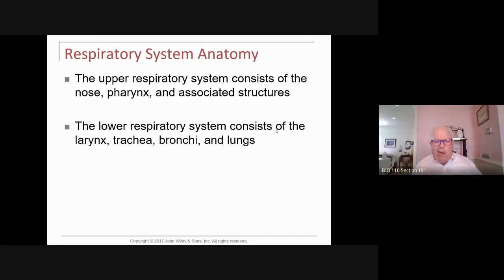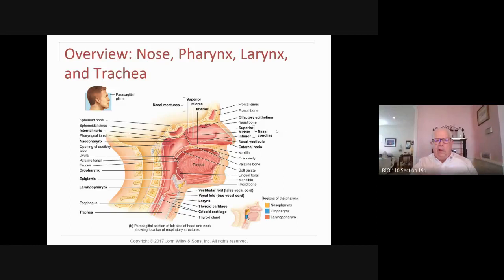The lower airway begins at the larynx, which is your voice box, and includes the trachea, the bronchi, and the lungs. Okay? So basically, this is the nose and pharynx and larynx. This is the upper airway. The upper airway. All right?